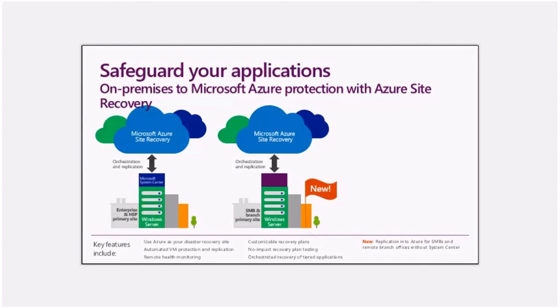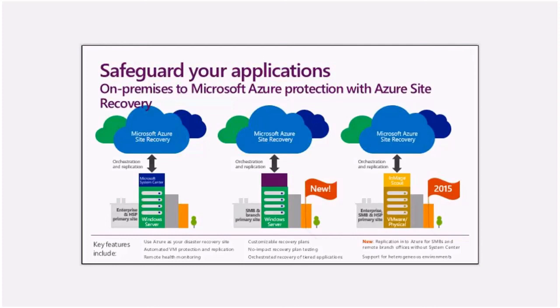So you can actually set this up right now and have that business continuity built in at a price of £34 a virtual machine per month. And what's coming out very soon, in another couple of months or so, is the ability to have Azure Site Recovery on VMware hosts as well.